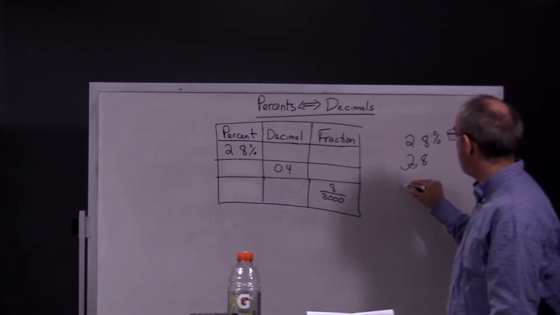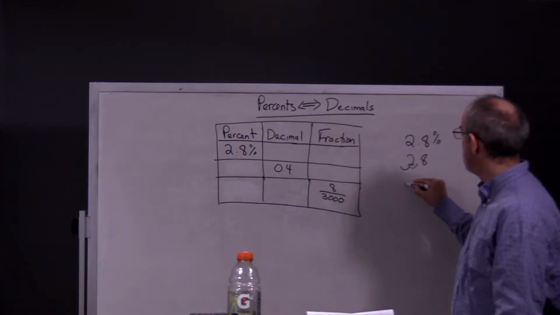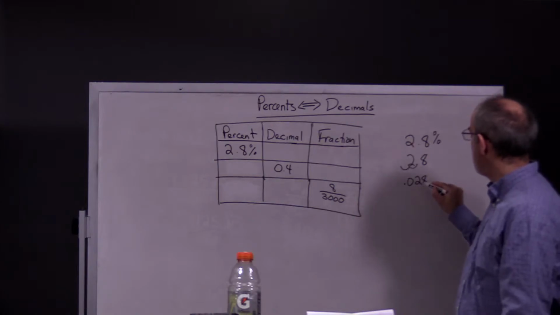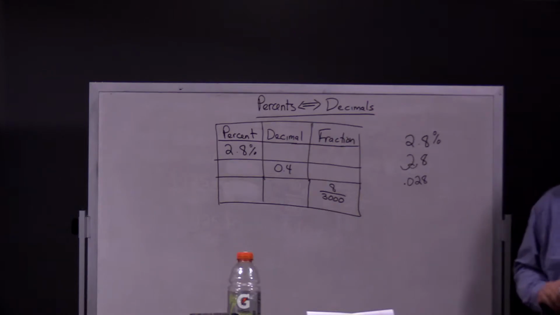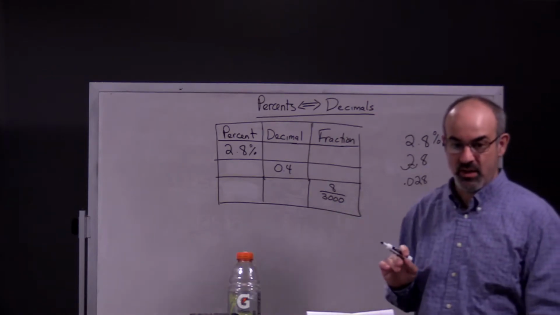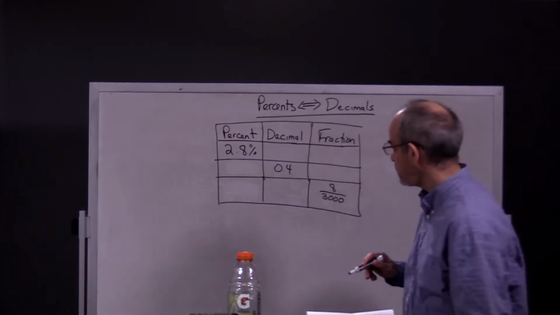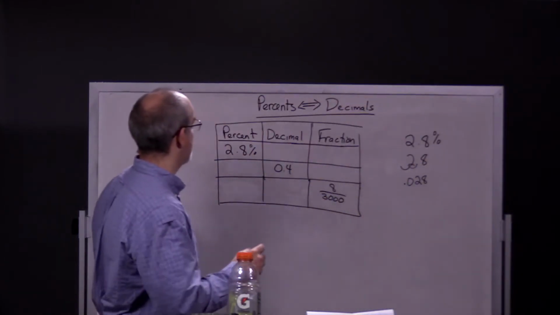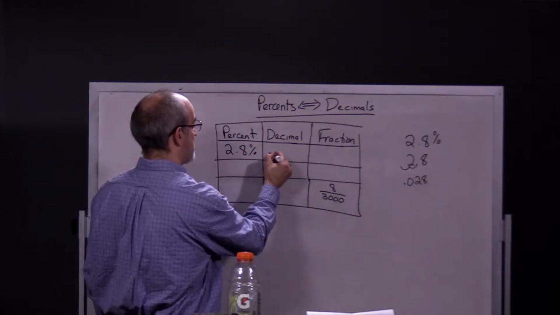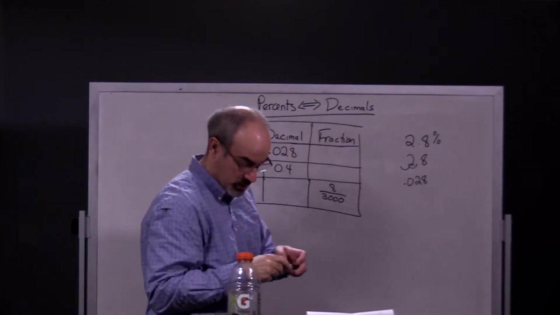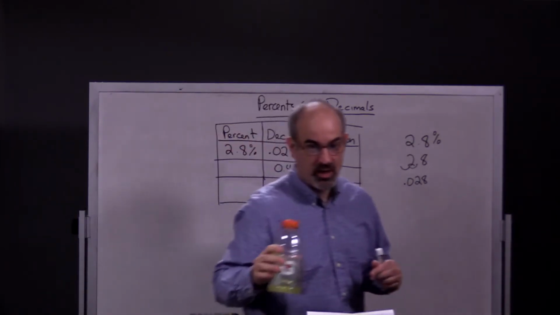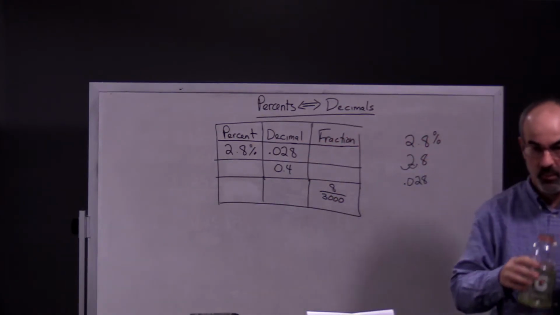So you're going to get, notice we moved the decimal 2 places to the left. That's always how you change a percent to a decimal. You get rid of the percent sign, then move the decimal 2 places to the left. There's no ifs, ands, or buts. That's how you always do it.